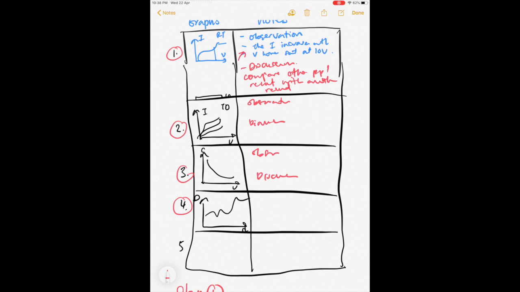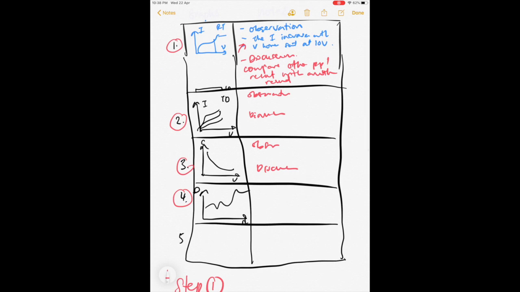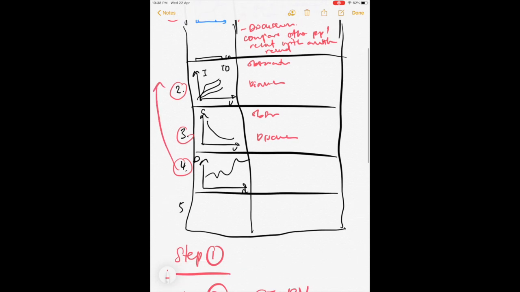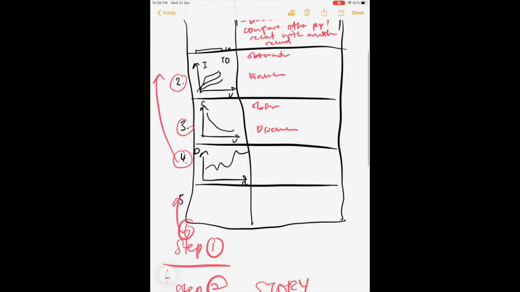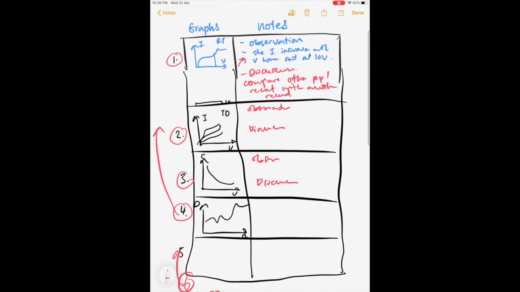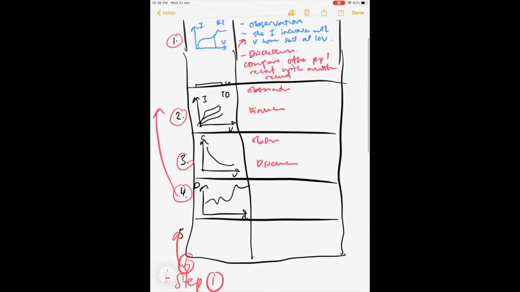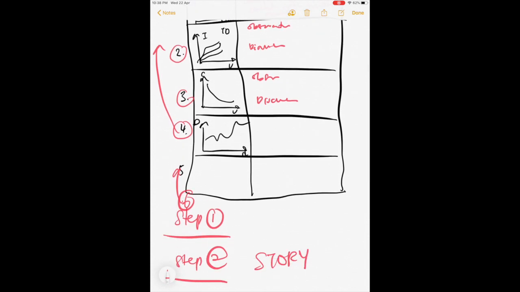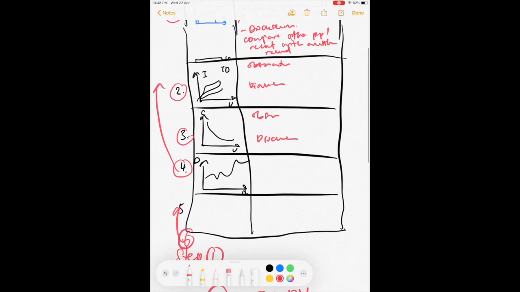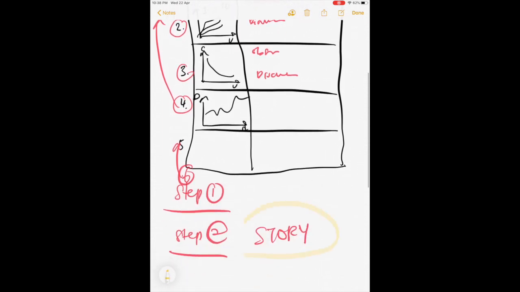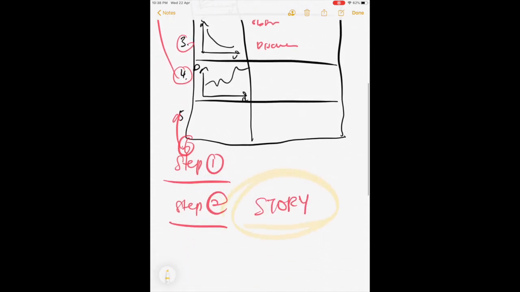So in order to make the story strong, you need to rearrange. Maybe number 4 will become number 2, number 2 becomes number 3, and number 6 becomes number 5. So you copy and paste so that it becomes a nice story.